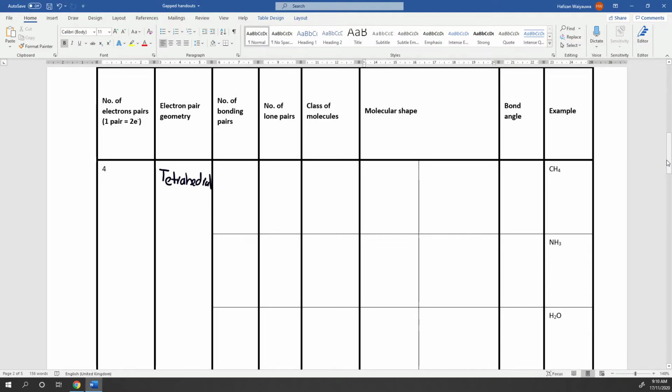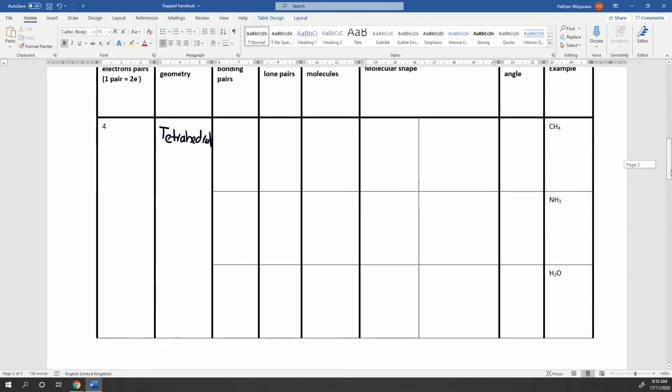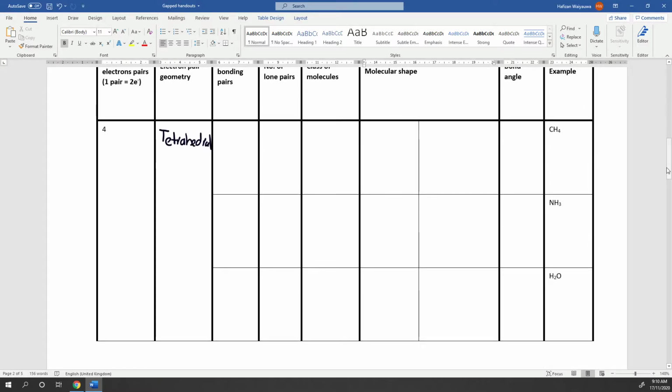Tak cukup. So tetrahedral kita can have 3 variation. So first is always kita tak ada langsung lone pair. So 4 of all of those pair are bonding. Or kita ada 3 je bonding, 1 of those are lone pairs. Or kita ada 2 bonding and 2 lone pairs.